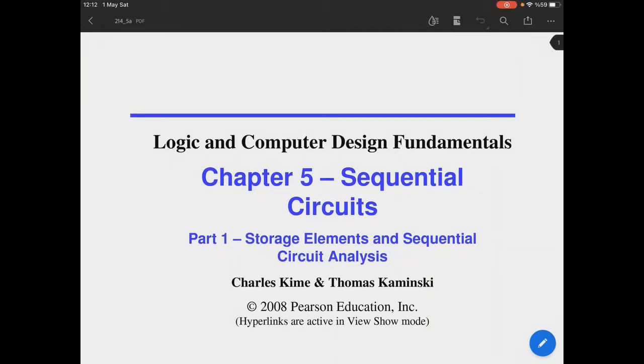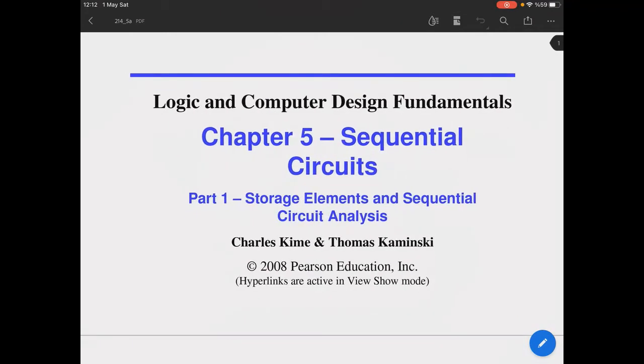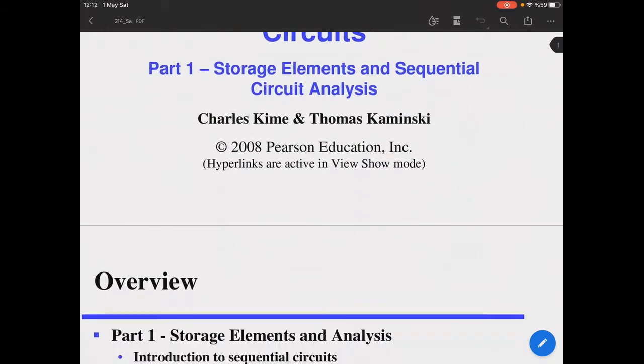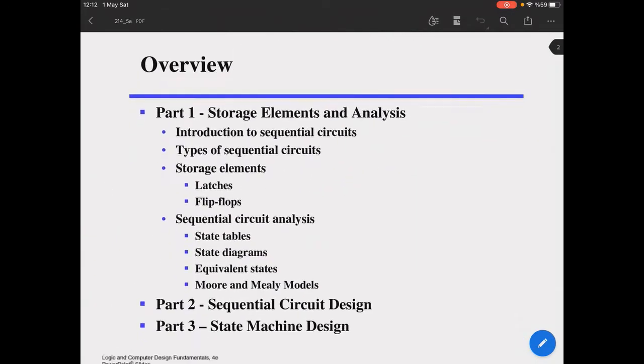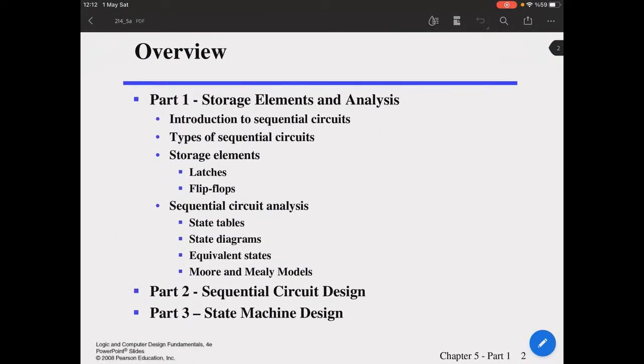In this session, we're going to start with sequential circuits. In the first part, we will be dealing with the basic storage elements and how to do sequential circuit analysis. The first part deals with the introduction, of course, and the types of sequential circuits.